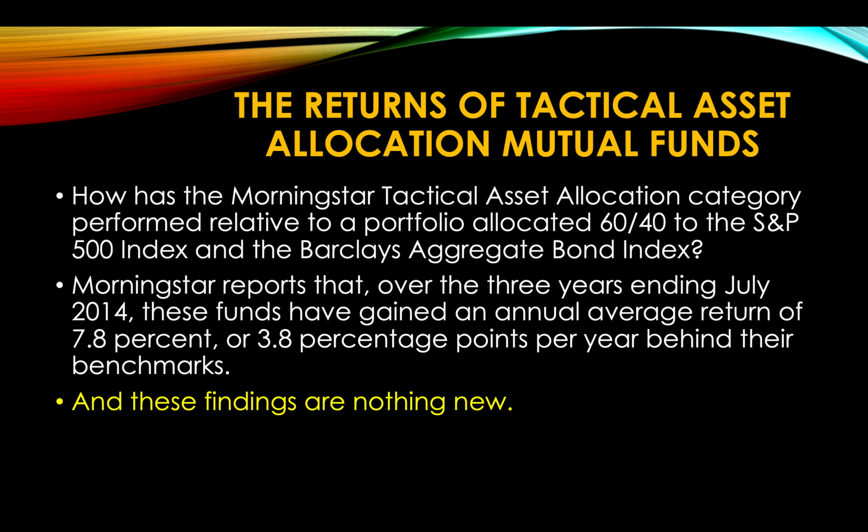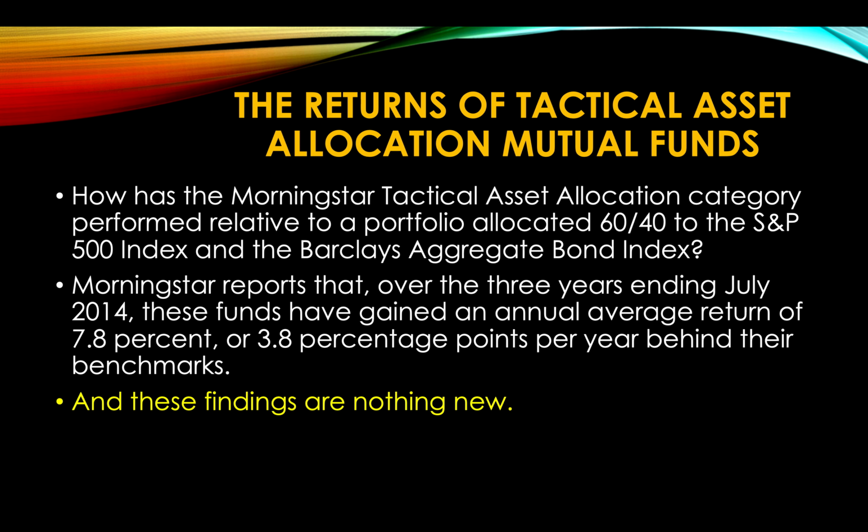What's interesting is there's really no data that backs that up, that on average, tactical asset allocation results in a smaller loss during market downturns. In fact, look at the Morningstar tactical asset allocation category. Morningstar rates all of these funds and groups them into asset allocation.